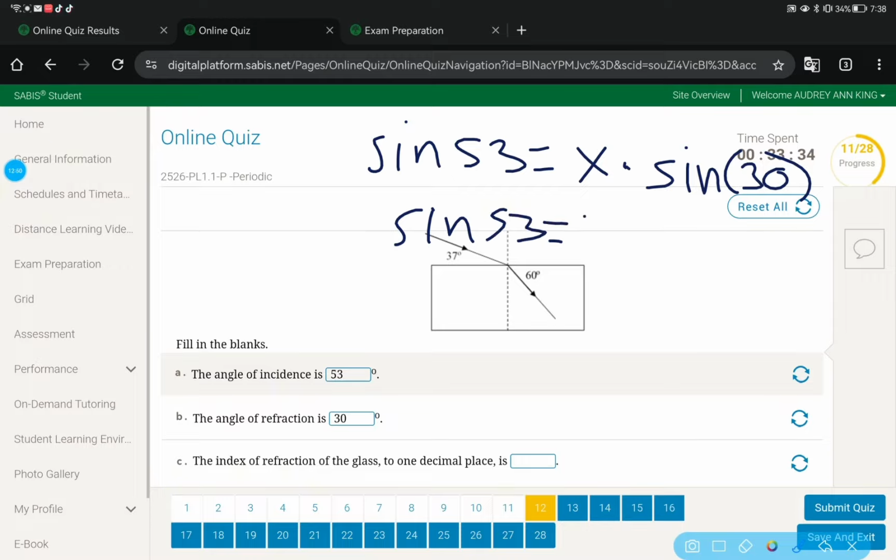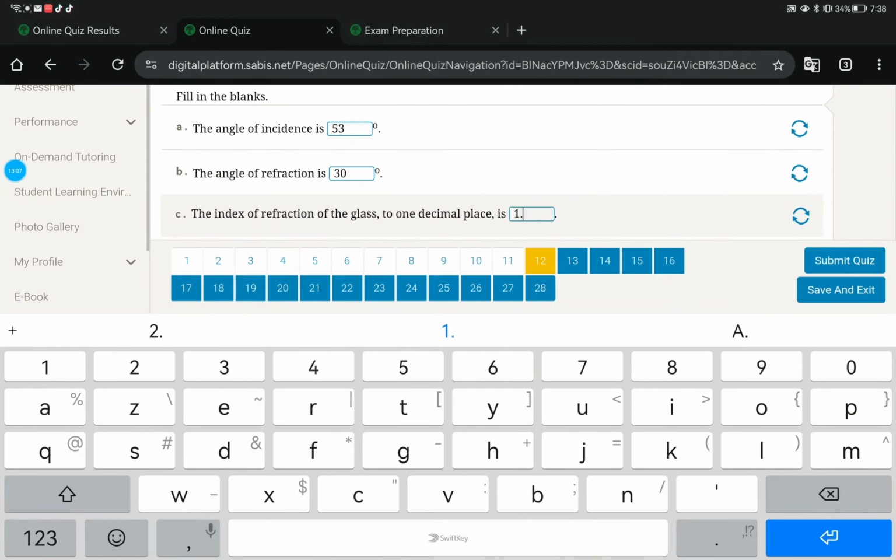Sine 53 equals x times 1 over 2. Put sine 53 into your calculator and divide it by 1 over 2, because of course it's going to go to the other side. And you get x, which after rounding is 1.6.